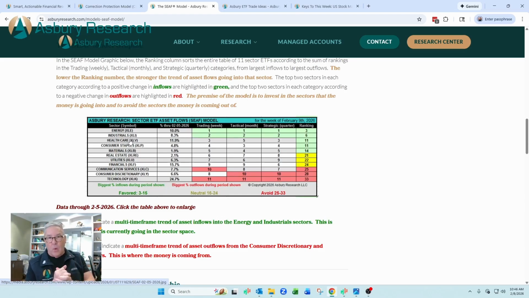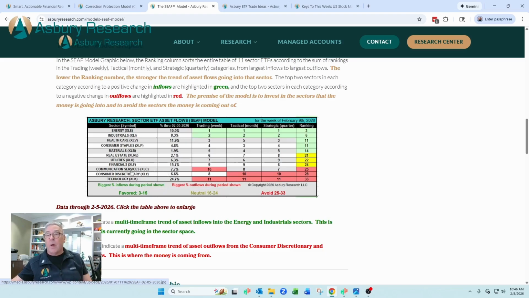If you want to trade it according to the model and how we back tested it, we are always invested in the top three, and they're based on a scoring system in 3 different time frames: trading, tactical, and strategic, that Jack and I developed years ago, that keeps us in the places where the money is going the fastest, and it's keeping us out of the places where the money is coming from.